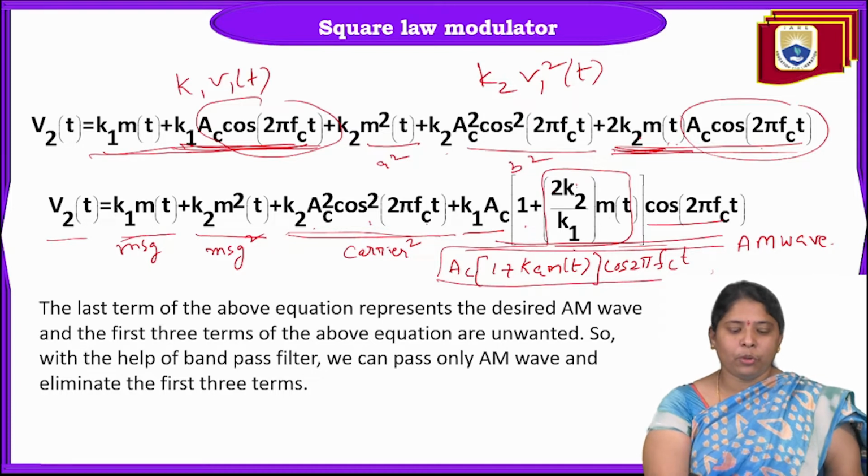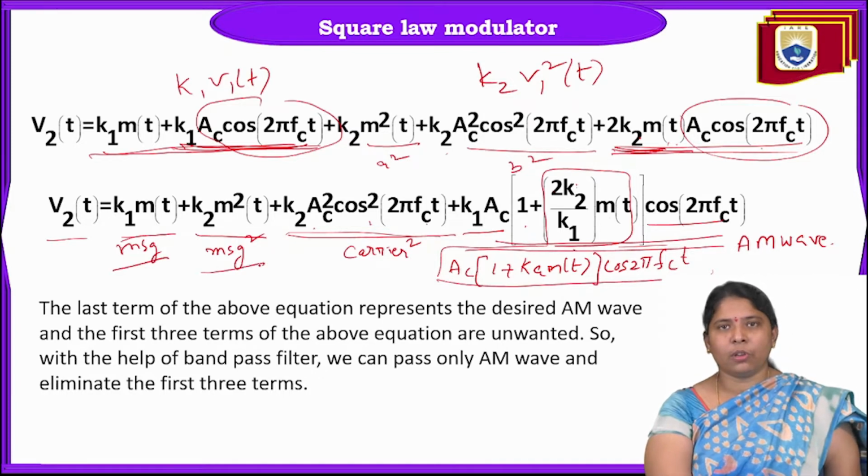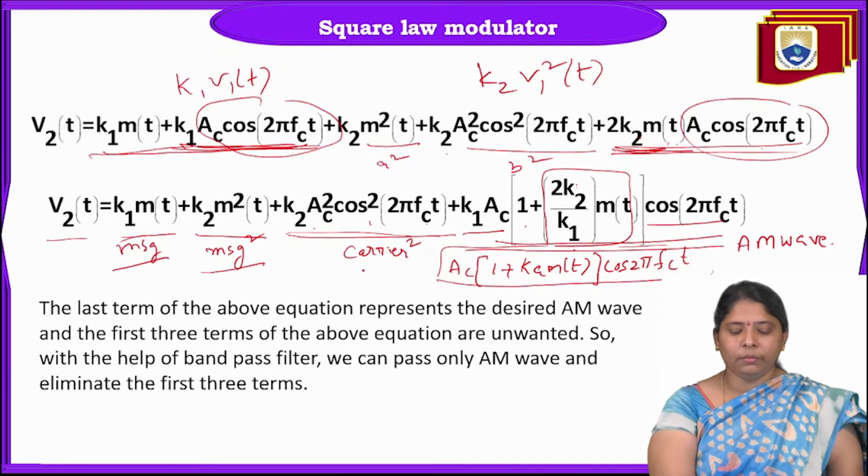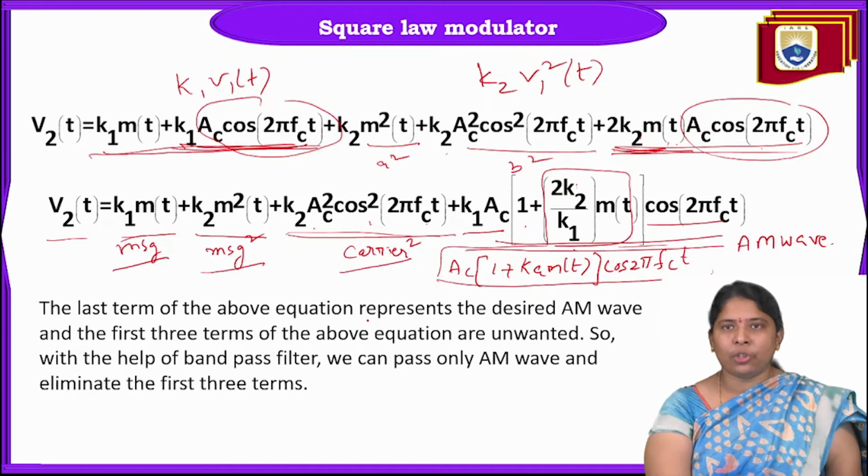The first term is purely message, a low frequency signal, and m square of t is also a message signal. The third term is the carrier square term. There is no message into carrier term. When the message into carrier term is there, only then do we get the upper sideband and lower sideband.